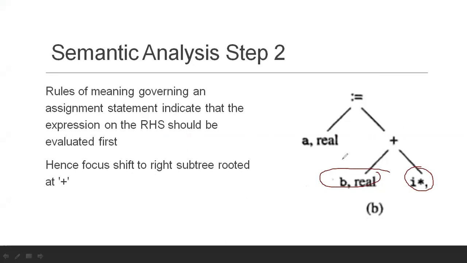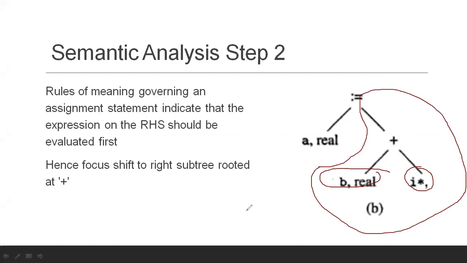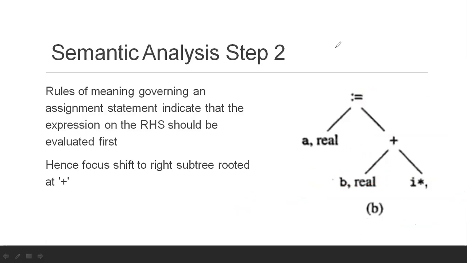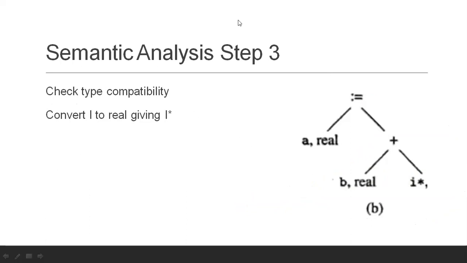The step 2 diagram is just to tell you that the focus shifts to the RHS. Now while coming to the RHS, the next important step is to check the type compatibility. Type compatibility means whether we can add real into int. No. So convert I to I star. So now addition can be performed.